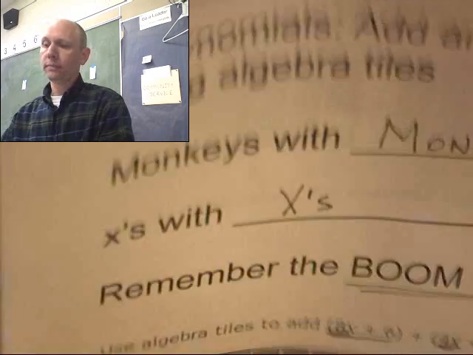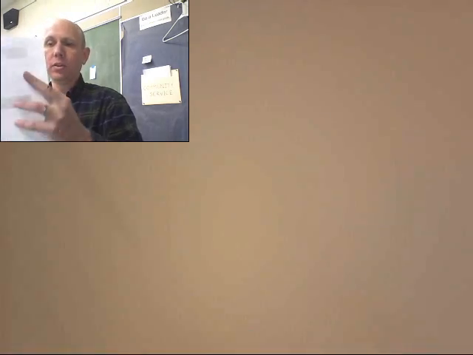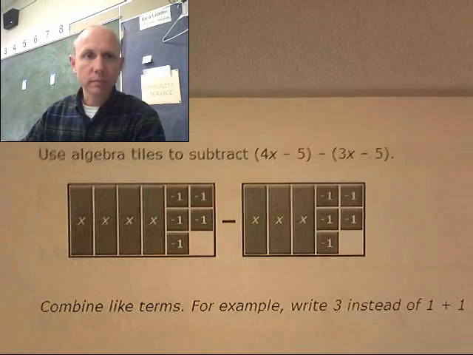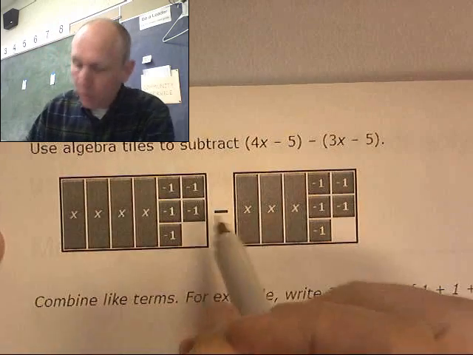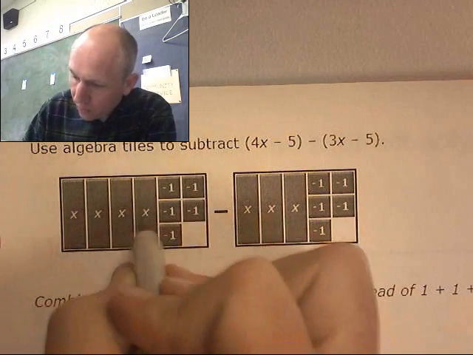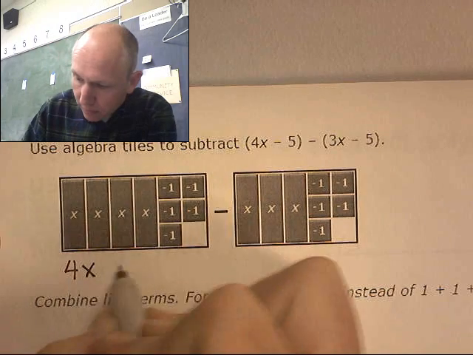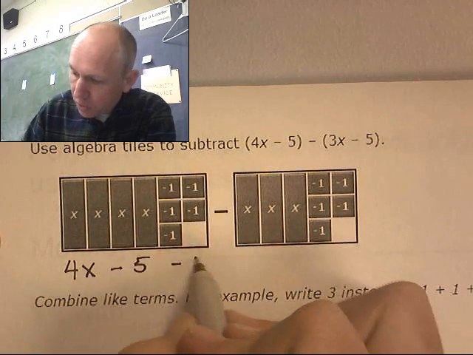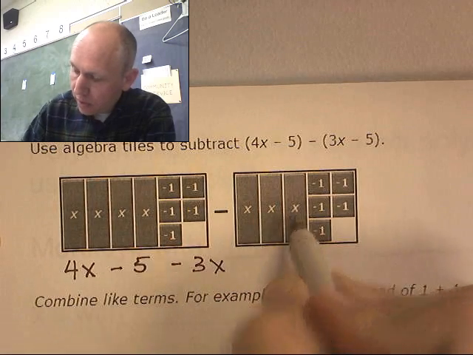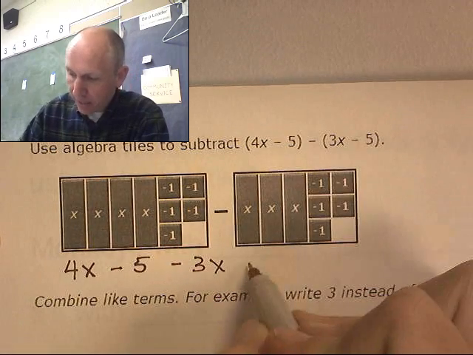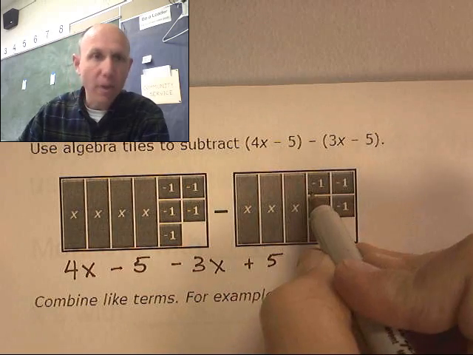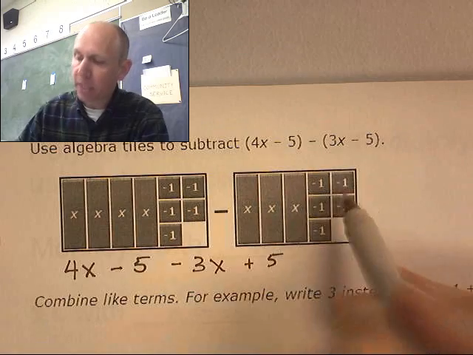Let's do one more. Actually, let's do 2 more. Now, let's use this boom boom. Watch this. I have 4 x's minus 5, minus 3 x's right here. Now, plus 5, because negative, negative 1 becomes a positive 1.